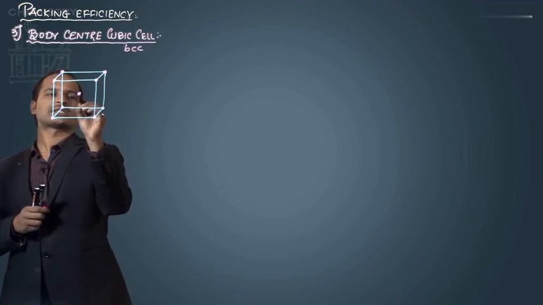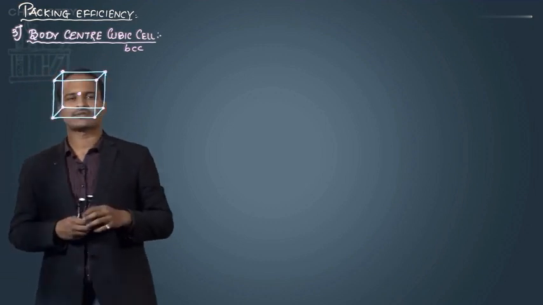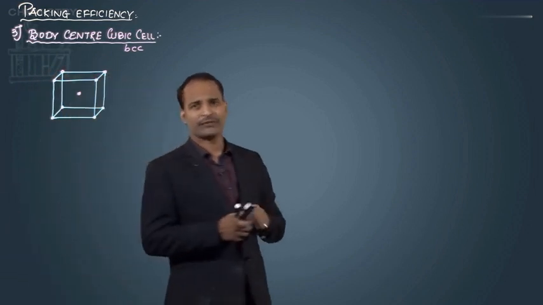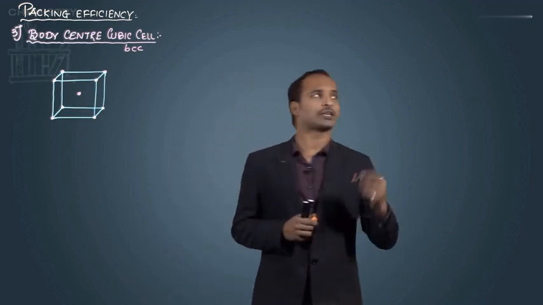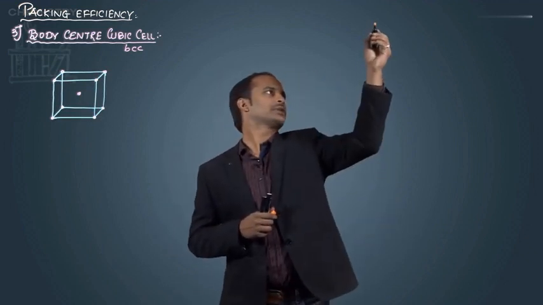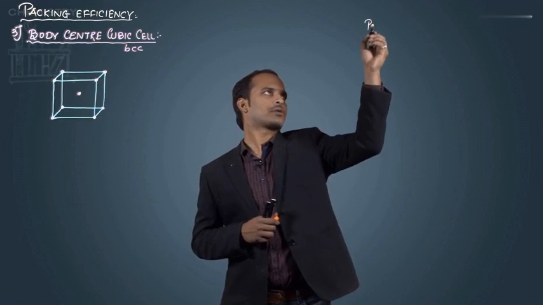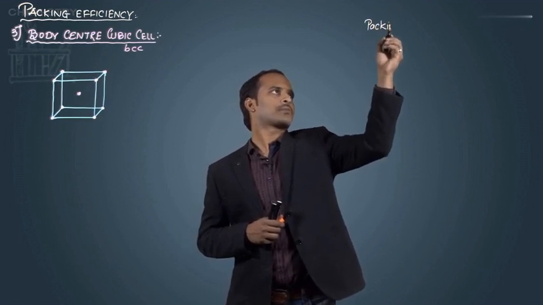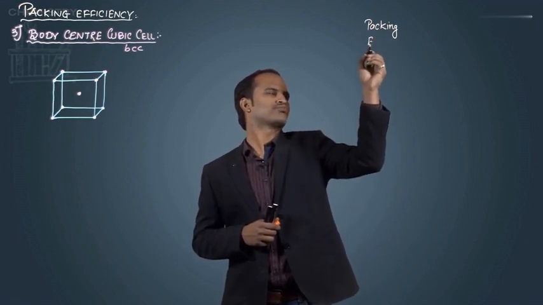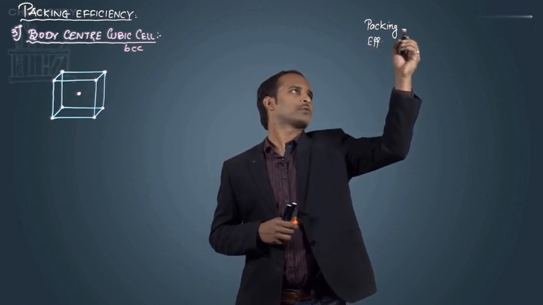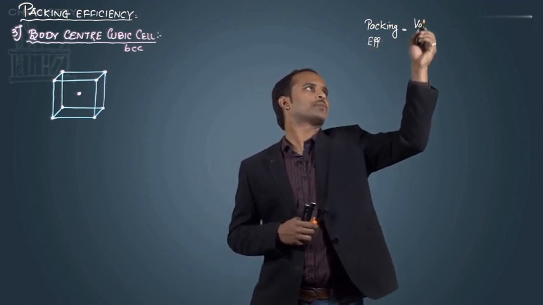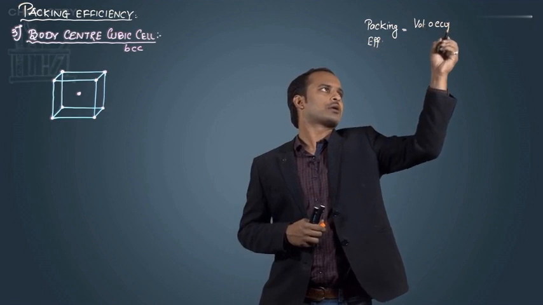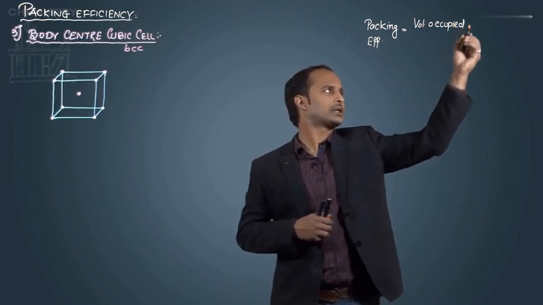So this is the BCC cell where the particles are present on the corners as well as at the center of the body. We have to calculate the packing efficiency. The packing efficiency formula is the same, that is volume occupied by, in BCC we have two particles.